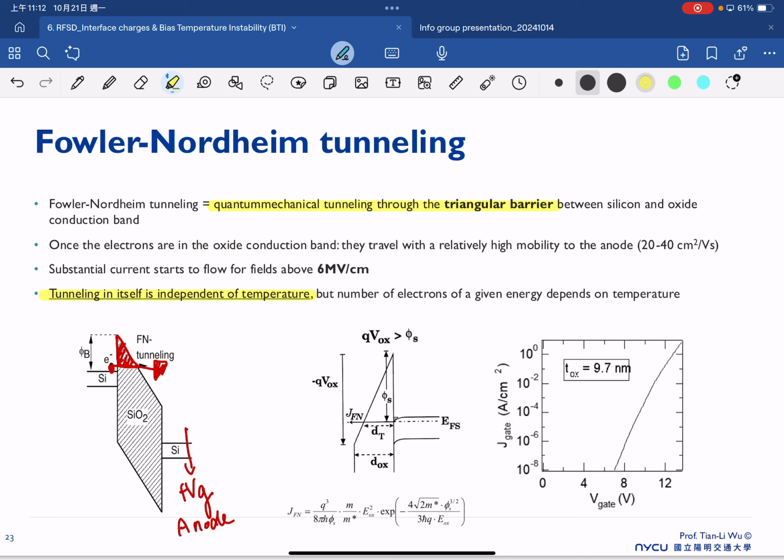That means it is not related to temperature, but it is related to our phi_B here. Phi_B can be seen in the equation. And the right hand side is a figure with 9.7 nanometer oxide. Once we apply the gate bias and reach a certain threshold, we start to have the FN tunneling effects here.